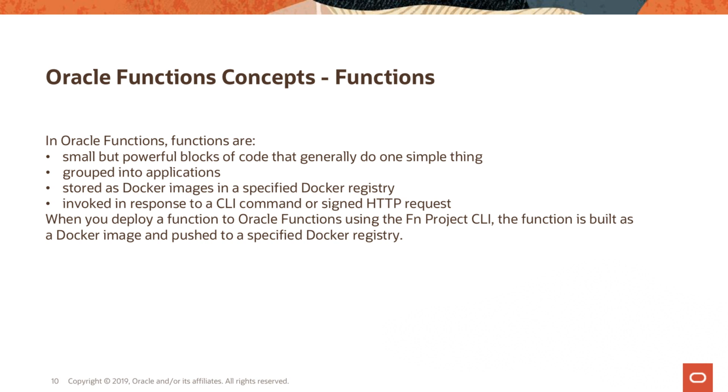It has to include, and we'll look into all of this in detail shortly, the Docker image in a specified Docker registry, which is pulled when the function is invoked. This Docker registry could be anywhere, and you can also leverage the registry service within OCI. You also need to specify the maximum length of time the function is allowed to execute and the maximum amount of memory the function is allowed to consume.